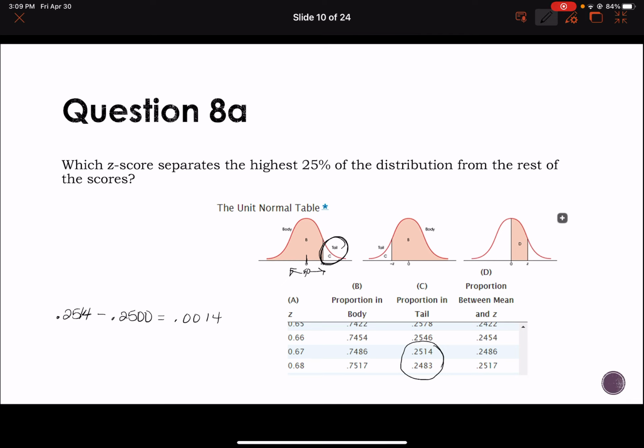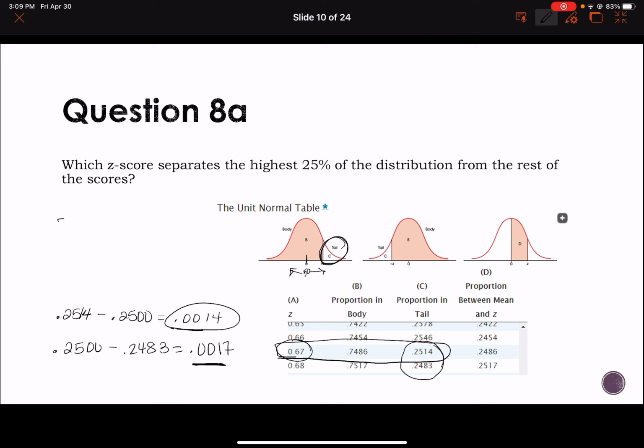We're going to put the 0.25 first because it's bigger, so 0.2500 minus 0.2483. And when we do that subtraction, we get 0.0017. Since this is smaller than this one, we're going to use that particular one as our 25%.